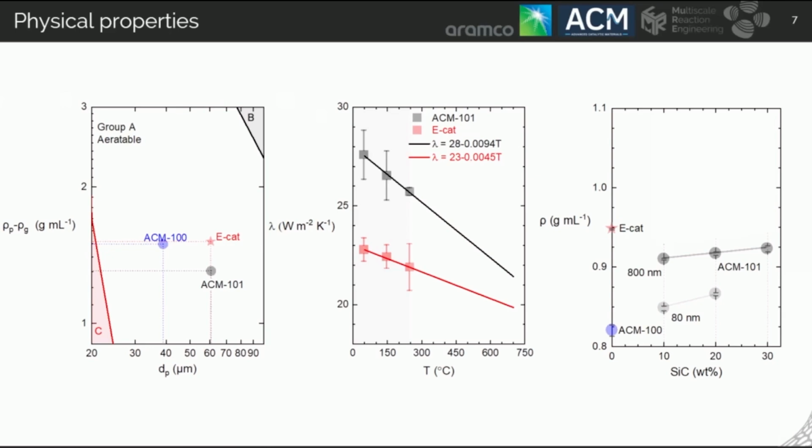If you increase the size of the silicon carbide nanoparticles, the density will also increase until a certain region, where if we increase the size above 7 micrometers, we can see that we have lower bulk density, or tapping density, due to the destruction of the particle.